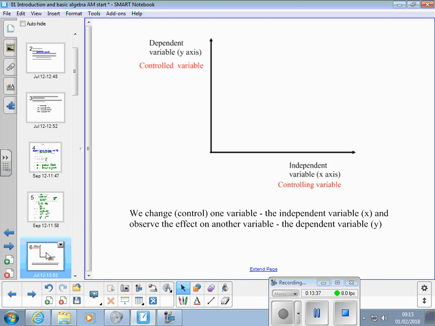Right. So we change, or we control, or we state what one variable is, the independent variable x, in a mathematical expression, and we observe how changing that affects another variable, the dependent variable y. We're going to be looking at linear relationships, such as this.